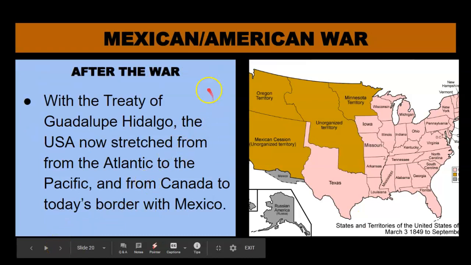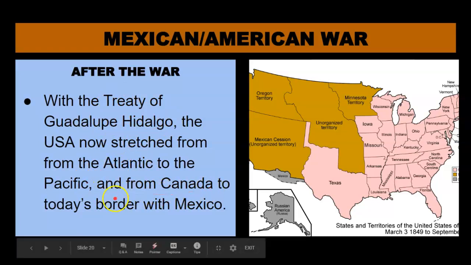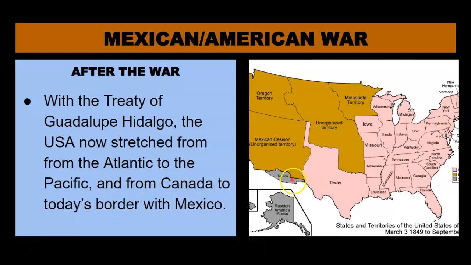After the war, with the Treaty of Guadalupe Hidalgo, the USA now stretched from the Atlantic all the way to the Pacific Ocean, and from Canada to today's border with Mexico. So this little chunk of Mexico right here was later purchased from Mexico, which also became the United States. So now, you guys, in 1848, we see pretty much our borders as they exist today.